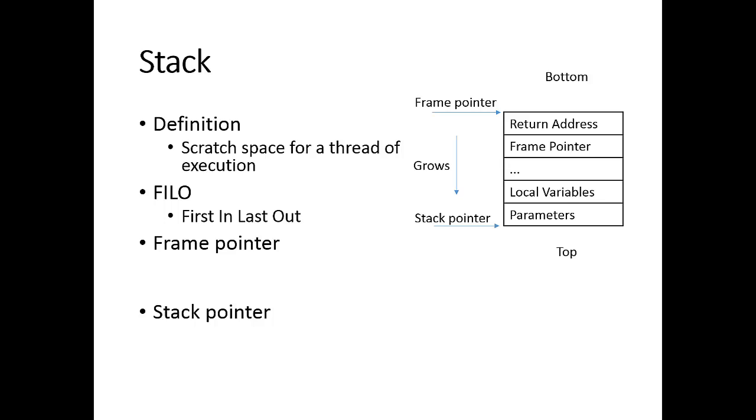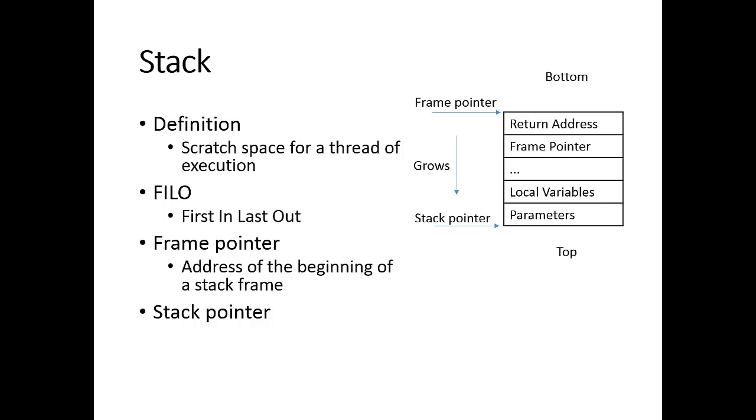So in the picture you see some terms like frame pointer and stack pointer, and I'm going to explain what they are. Frame pointer means the address of the beginning of a stack frame, and it just stays there all the time to provide a reference point for the stack pointer.